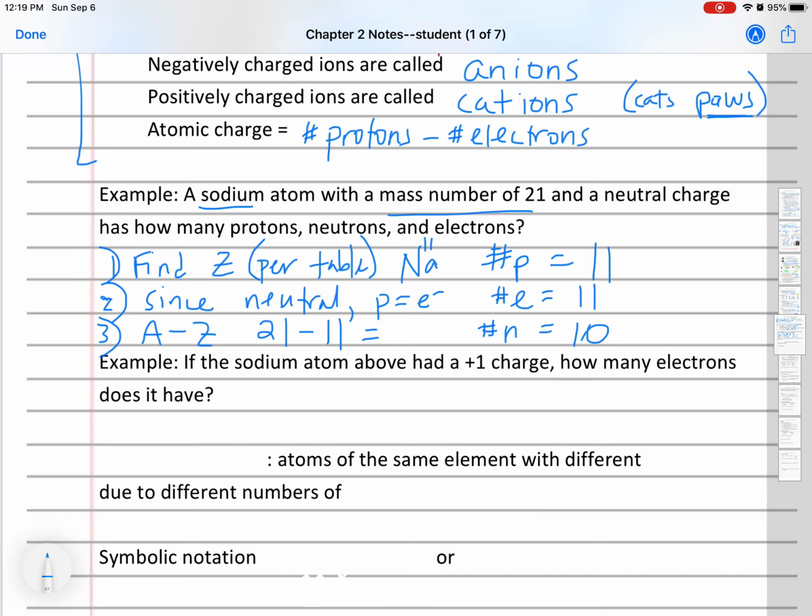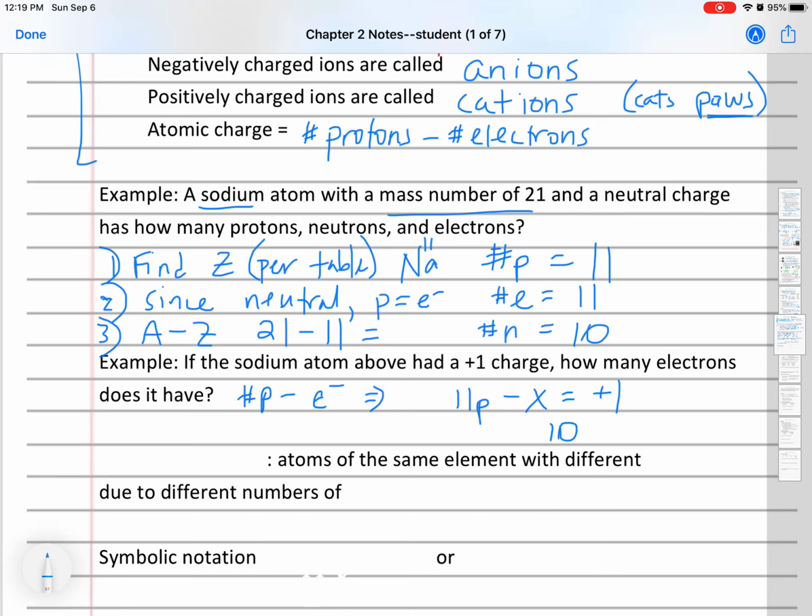All right, so remember, it's the number of protons minus the number of electrons gives you the charge. So if it has 11 protons, how many electrons would it have in order to have a plus 1 charge? All right, so 11 minus what equals plus 1?